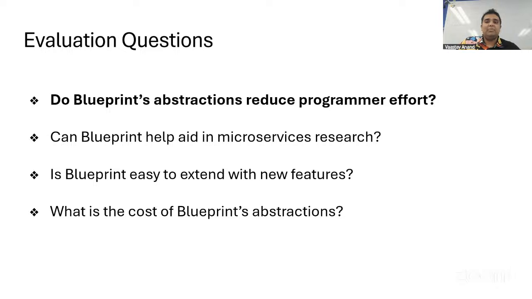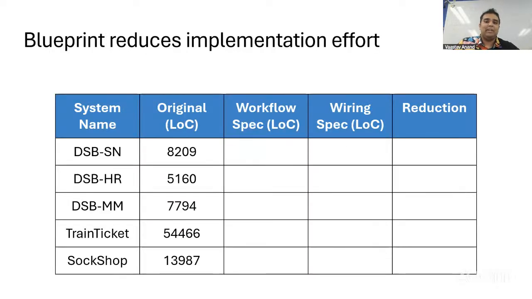First, to test if Blueprint reduces implementation effort, we implemented the 5 most popular open source systems used by researchers as Blueprint applications. We compared the lines of code required to implement the workflow and wiring spec of the Blueprint application to the lines of code a user manually had to write to implement the original system.